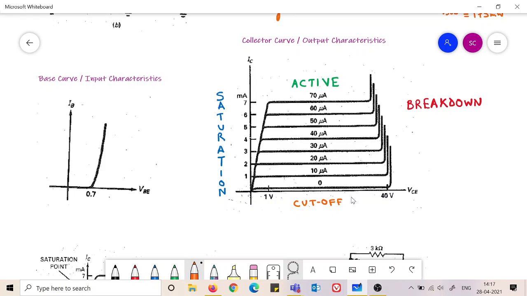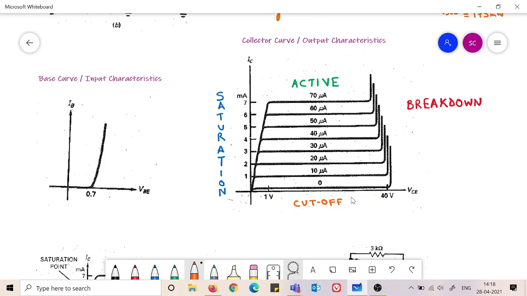So when the reverse bias potential across the CB junction is more than the breakdown voltage of the CB junction, then breakdown will take place, and this will destroy the transistor. We will not be able to bring back the transistor to its normal modes of operation.